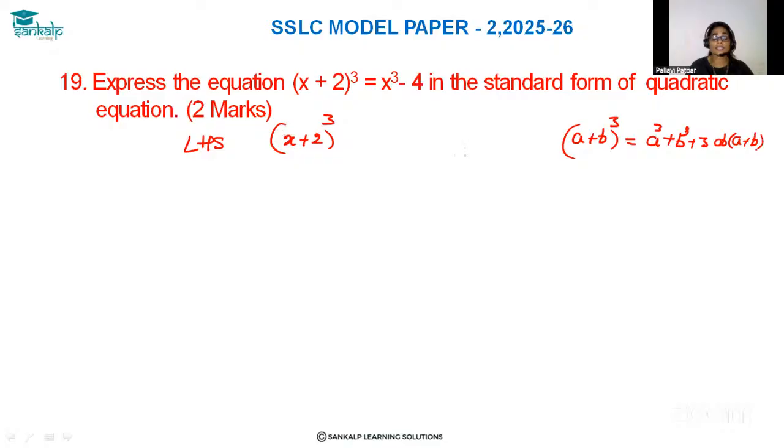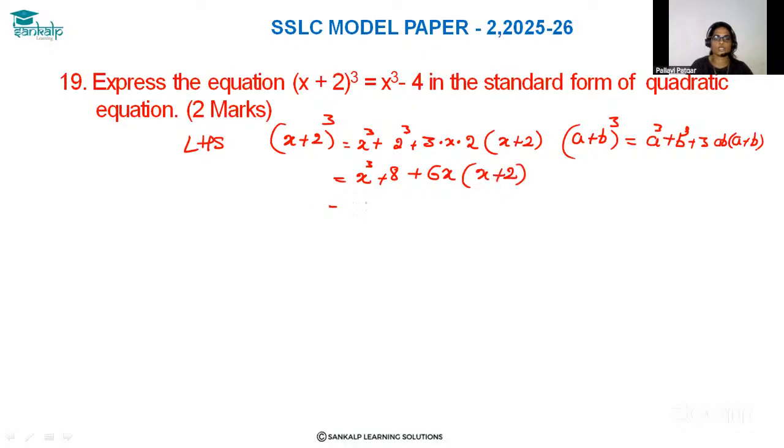So applying these to the LHS, we'll get x cube plus 2 cube plus 3 into x into 2 into (x plus 2). So this is equal to x cube plus 8 plus 6x into (x plus 2).